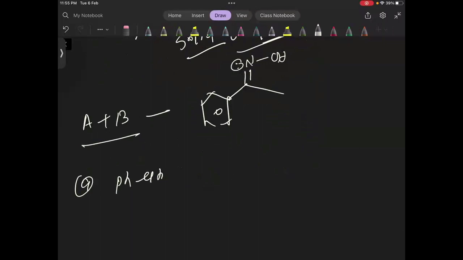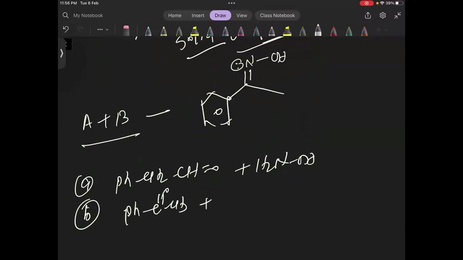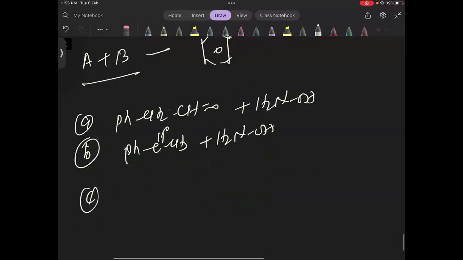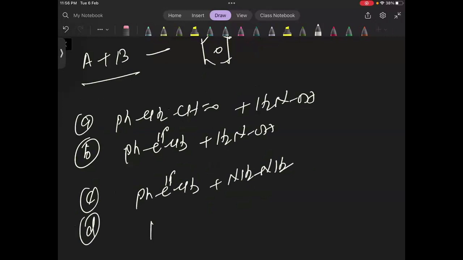First, PhCH2CH double bond O plus H2N-OH. Second, PhC double bond O CH3 plus H2N-OH. Third, PhC double bond O CH3 plus NH2. And fourth, PhCHO plus NH2OH.